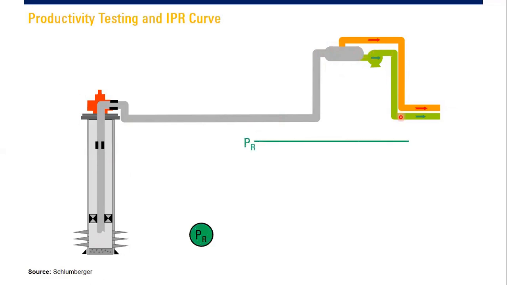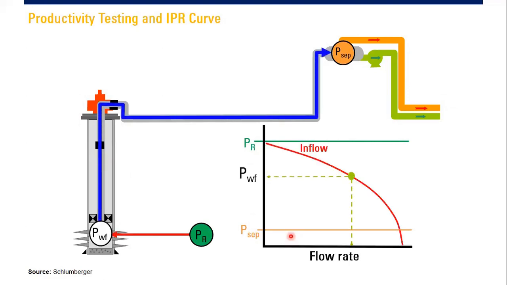Okay, so let's say we have information regarding the reservoir pressure, and we plot this reservoir pressure, and we also know the separator pressure. Okay, so we now know the back pressure from the system. So we have reservoir pressure, we have separator pressure. Okay, and then we plot it.